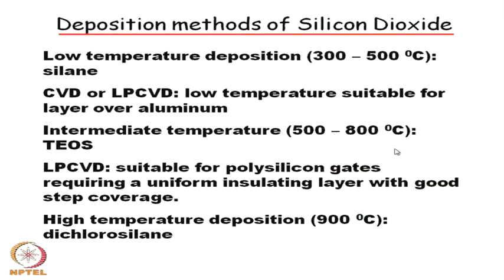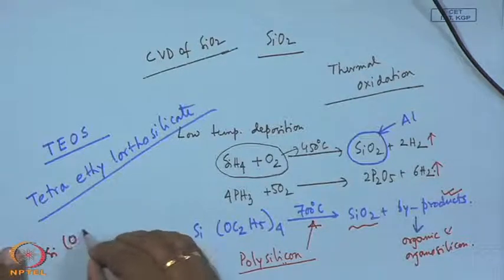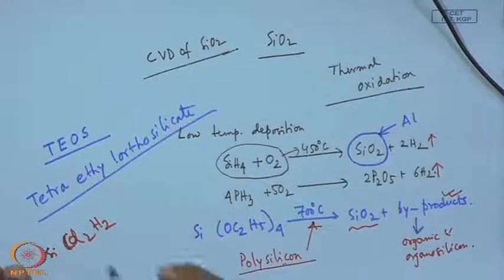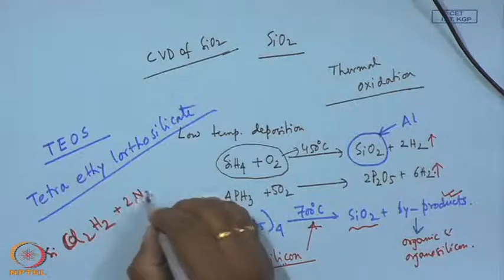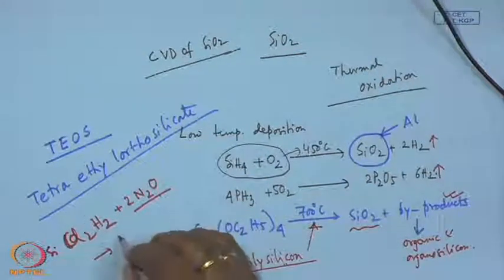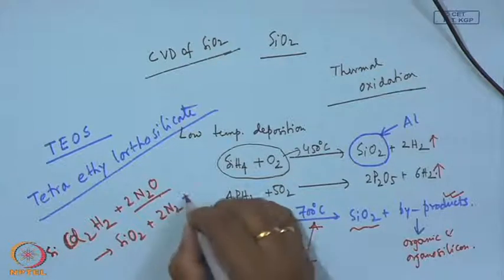This dichlorosilane, which is SiCl2H2, is used for growing SiO2 with N2O, nitrous oxide, when we get SiO2 plus N2 plus HCl.